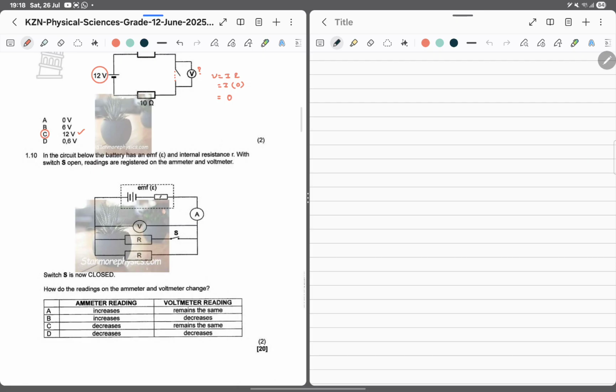Right, so 1.10 says, in the circuit below, the battery has an EMF E and internal resistance R. With switch S open, now we know that this means that circuit is out, that connection is out.